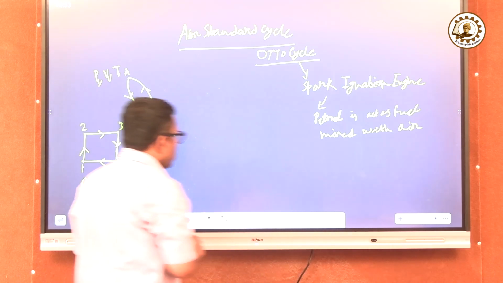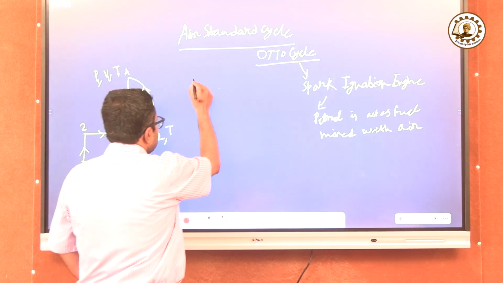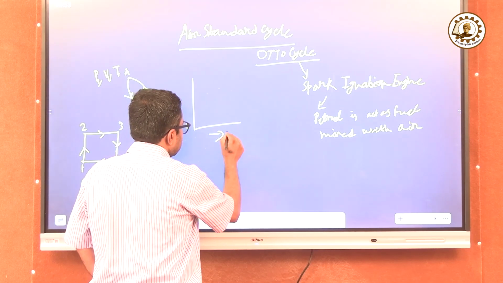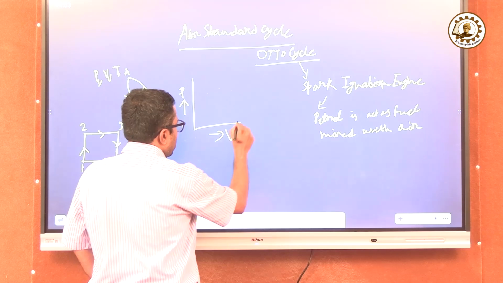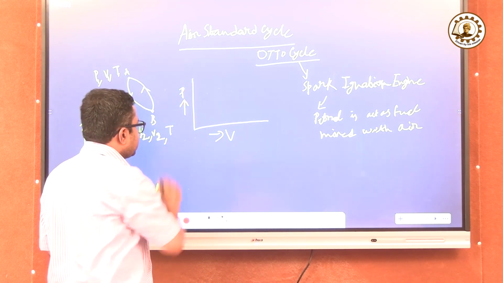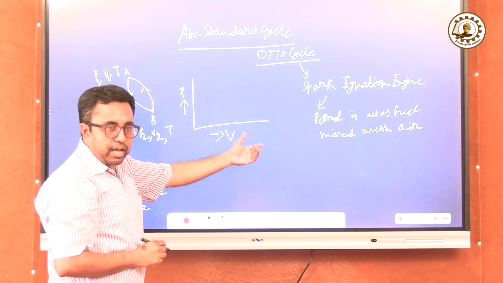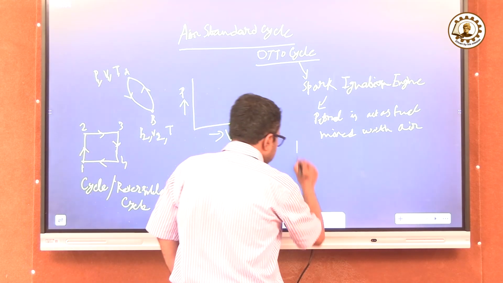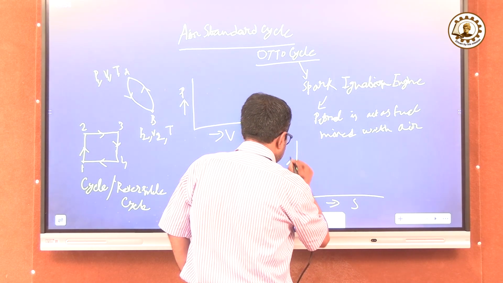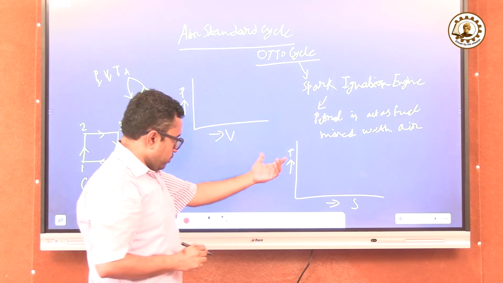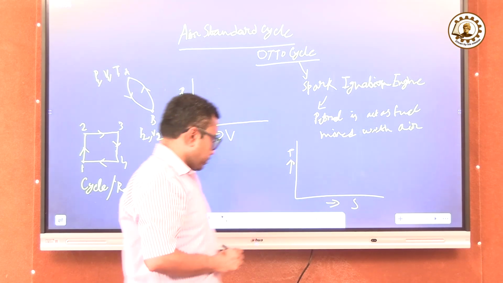Now, whenever we go for the Otto cycle, we have 2 graphs to represent the cycle. One is known as the PV diagram, where the y-axis describes the pressure and the x-axis describes the volume, and another is the TS diagram, where the y-axis represents the temperature and the x-axis represents the entropy.